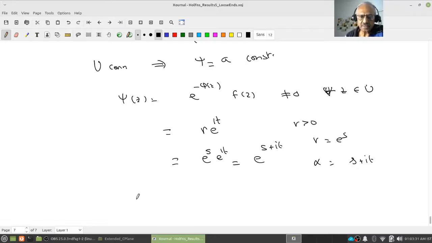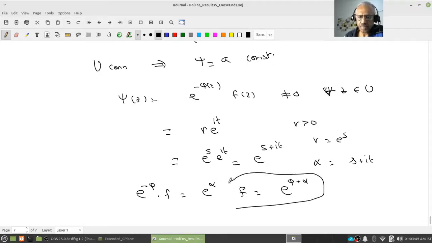Then what have I done? e power minus phi times f is equal to e power alpha, therefore f equals e power phi plus alpha, where phi is a function and alpha is a constant. Therefore put g equal to phi plus alpha, therefore g is as desired. g is the desired function, so that e power g equals f.